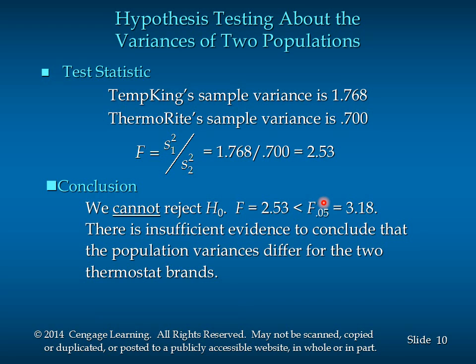Let me draw this up. Actually, it would look a little bit more like that. You can't have a negative value on F as well. 0.05, and your critical value was 3.18.